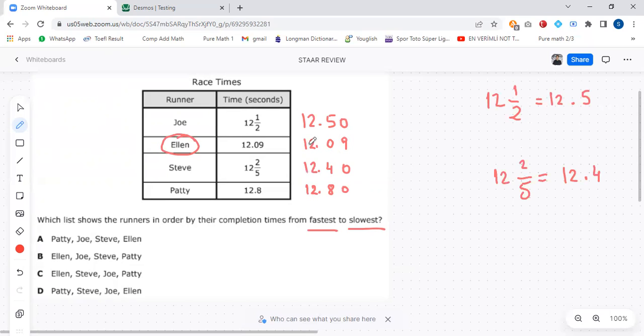So Ellen is the fastest, right? So the answer is going to be B or C. And then what is next, right? 4 is smaller than 5 and 8. So Steve. So C is going to be the answer.